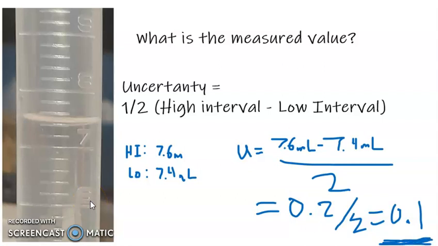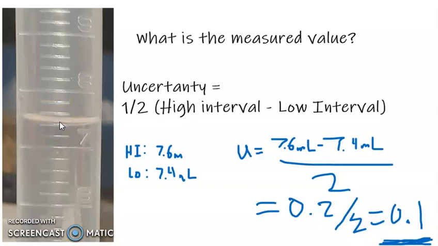So if my meniscus was right on my 7.4 line, I would read that as 7.4. And I would accept that. If you told me it was 7.6, I would say, no, that's wrong because the meniscus is below 7.6. If you told me it was 7.5, I would accept that.